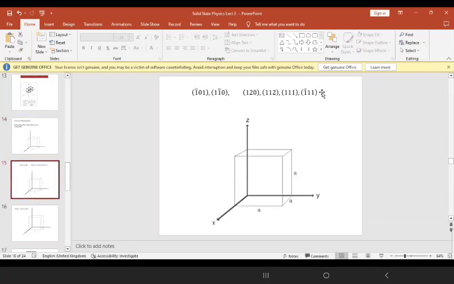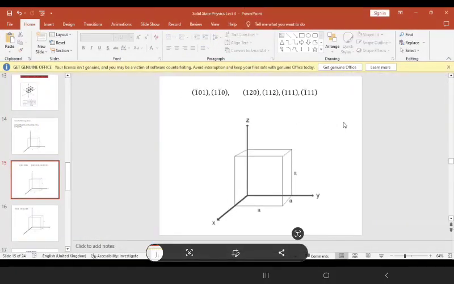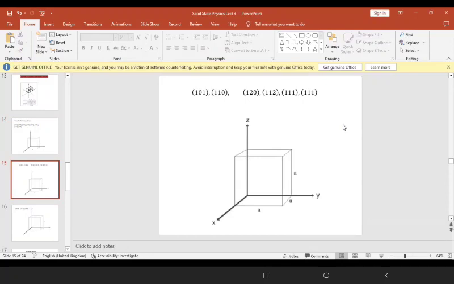I'm going to provide 6 questions to you. Please try these questions and I will discuss them in the next lecture. The questions are: bar 101, 1 bar 10, 120, 112, 111, bar 111.